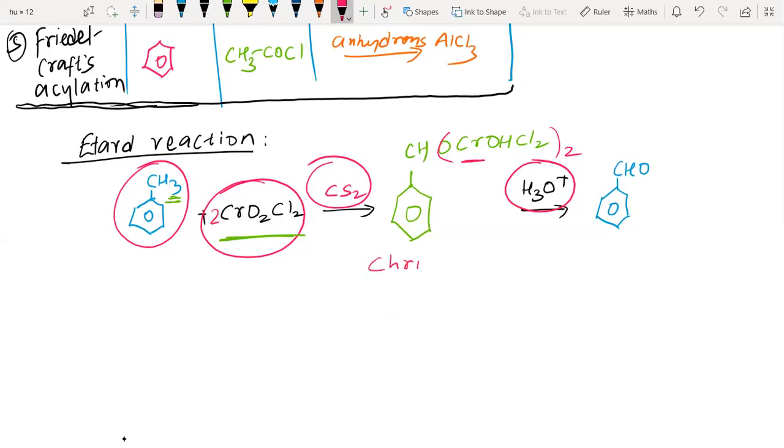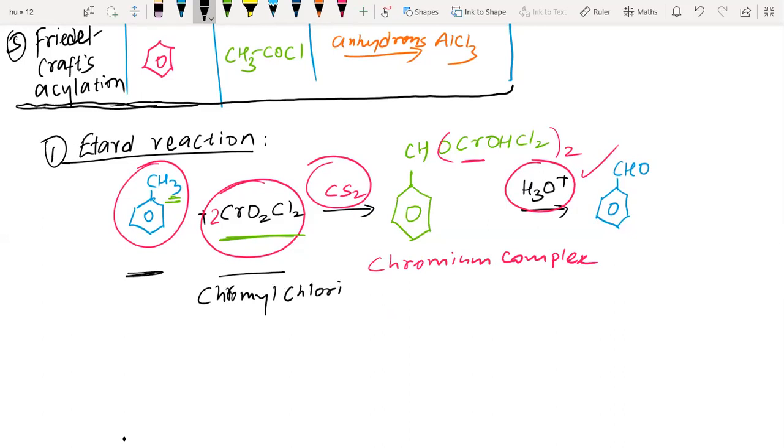So this is the chromium complex, and when acid hydrolysis is done, benzaldehyde is obtained. So toluene treated with chromyl chloride in presence of a solvent like carbon disulfide gives the chromium complex, which on further acid hydrolysis gives benzaldehyde.